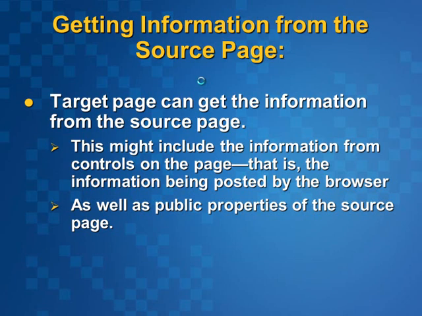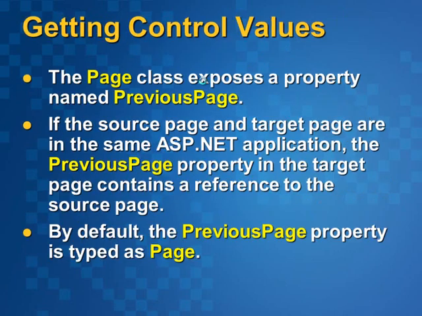So anything you want, you can get it. The values of the controls, the submitted query, and whatever is there will automatically come. Then maybe the properties, anything you want, you can get in the other page.